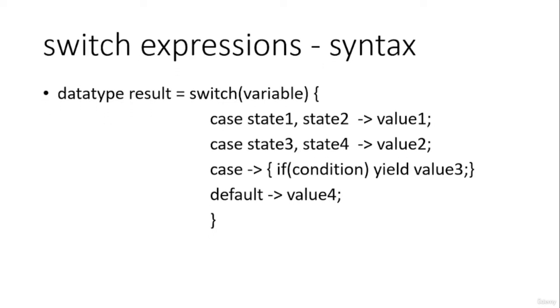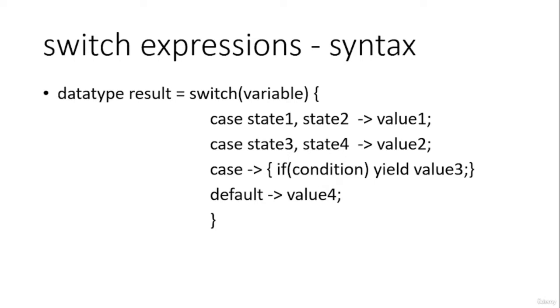Let us see the syntax for the switch expression. We can declare a variable to hold the switch value. Once it yields a value, that value will be stored back in that variable. You can see that we can have multiple case labels, which was not possible in the switch statement.